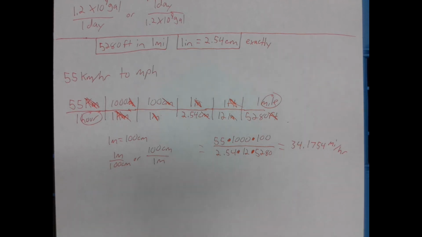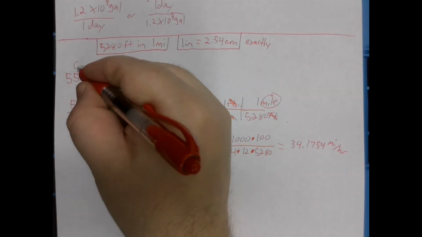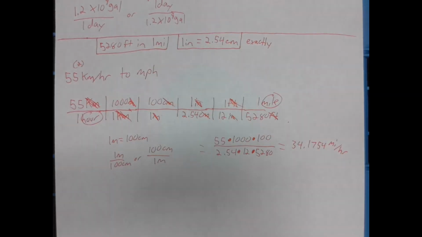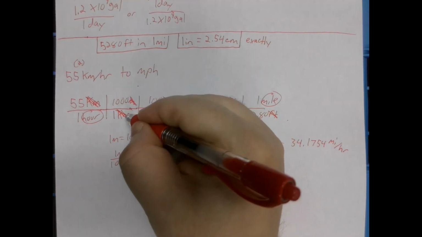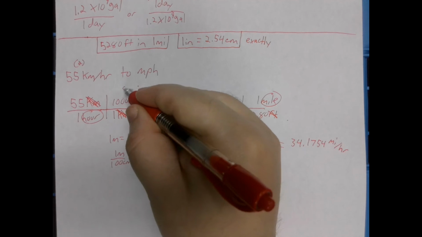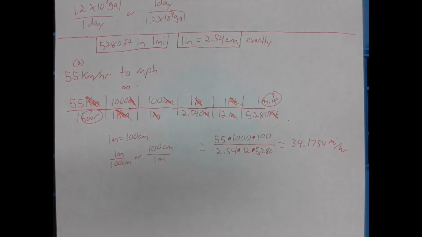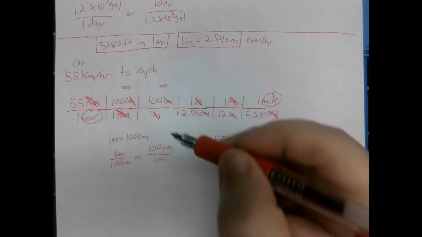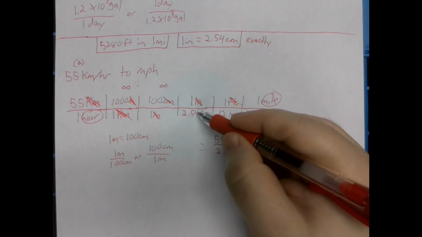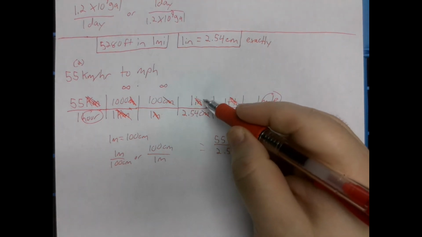If I were to do significant figures, this number has two significant figures, but note all these other ones: 100 centimeters in a meter and 1,000 meters in a kilometer have infinite significant figures. 1 inch to 2.54 centimeters turns out to be exact.